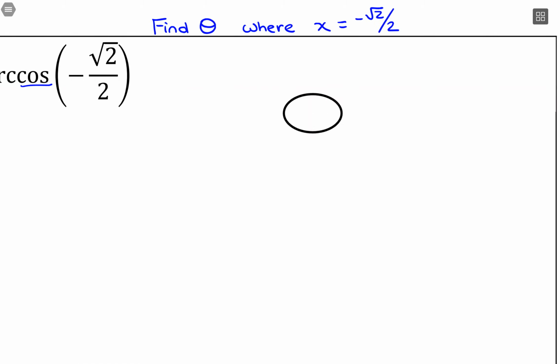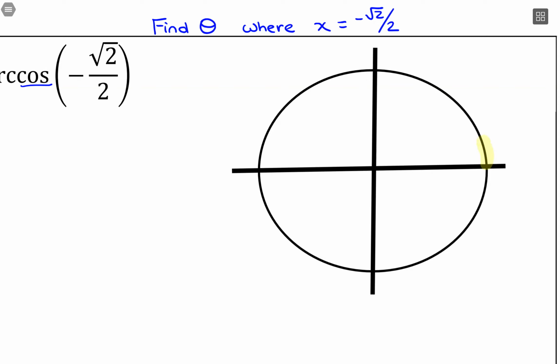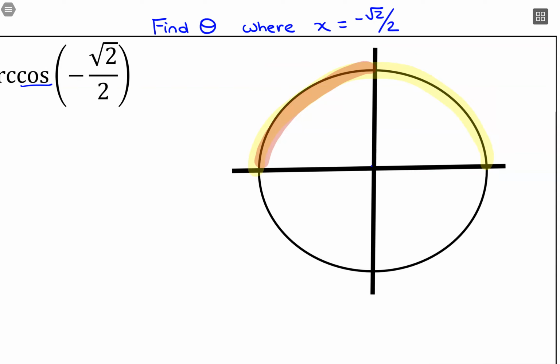So if I draw my picture here, and we're only looking from 0 to pi, and my x coordinate is negative, so that tells me I'm going to be over here in the second quadrant where I have all my negative x coordinates. So negative √2/2 is going to relate to a pi/4.